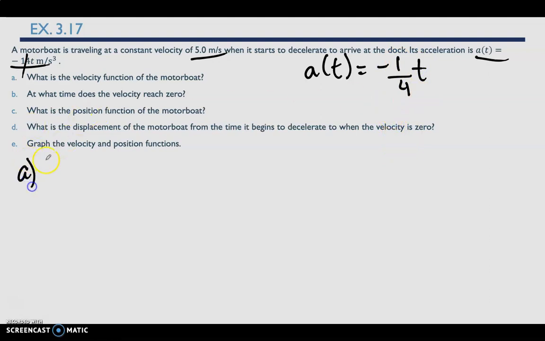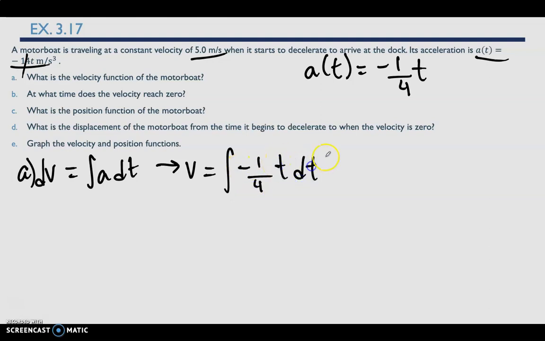So the first part asks, what is the velocity function of the motorboat? So what we'll do is we'll do something similar to what we were just doing. Velocity is going to be the integral of a dt, or dv equals the integral of a dt. So we have v is going to be the integral of negative 1/4 t with respect to time.